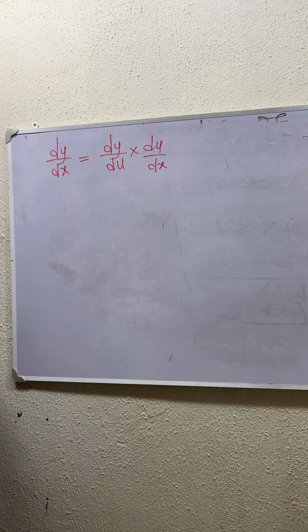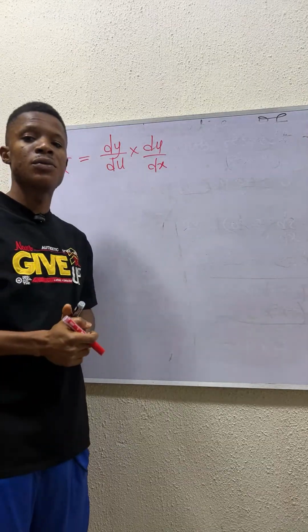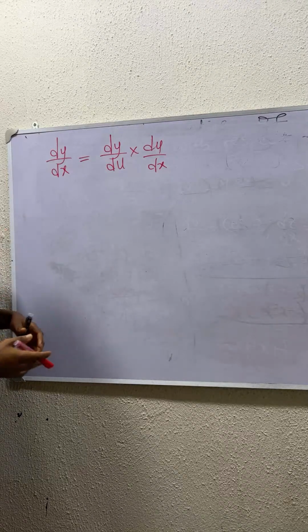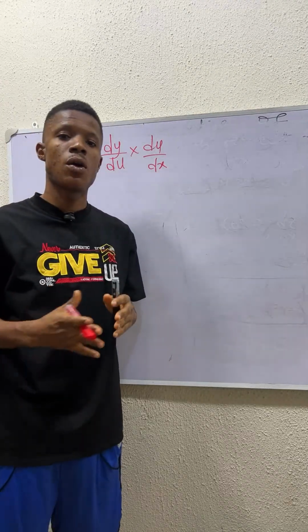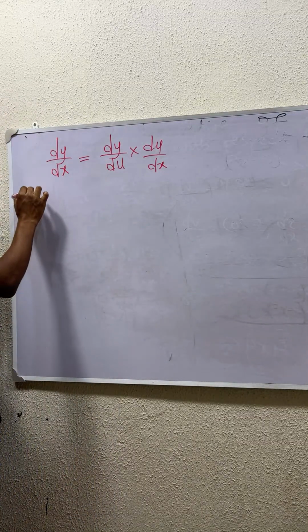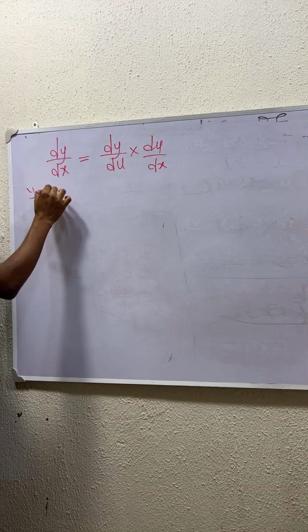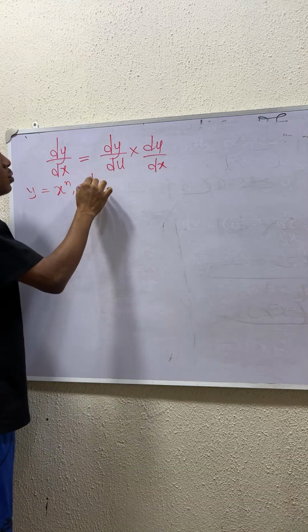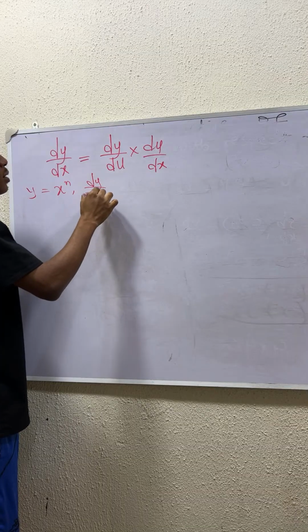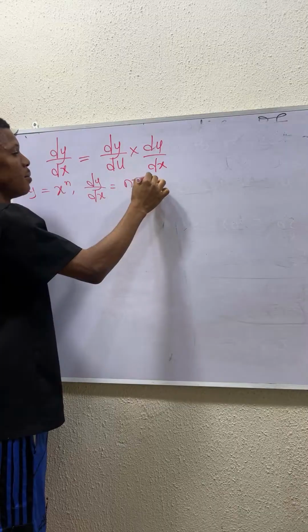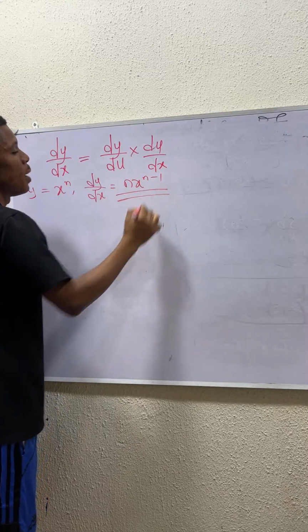This type of formula in calculus is very important as we use it to differentiate a function that might seem difficult to expand. For instance, remember when y is x to the power n, if you are differentiating y with respect to x, all you need to do is multiply by the power and subtract 1 from the power.